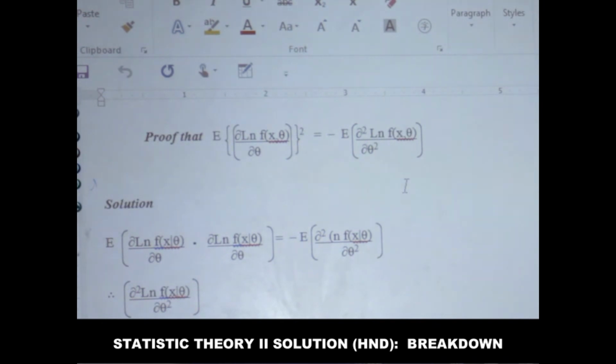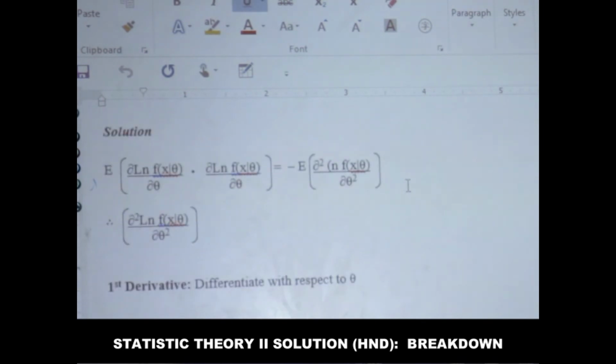Now the solution. Firstly, since it is raised to power 2 on our left hand side, you have to expand it, that is, you introduce your multiplication sign.